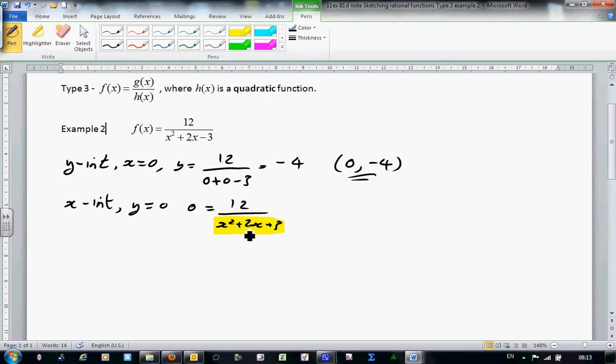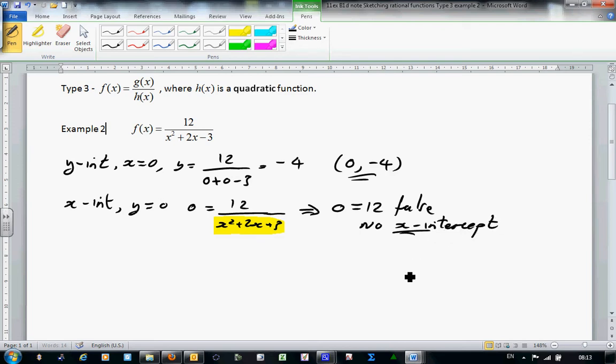So if I want to get rid of that, I'd have to multiply both sides by that, or take it to the other side and it multiplies. This will imply then that 0 equals 12, which is false. So there is no x-intercept, just as we did before.